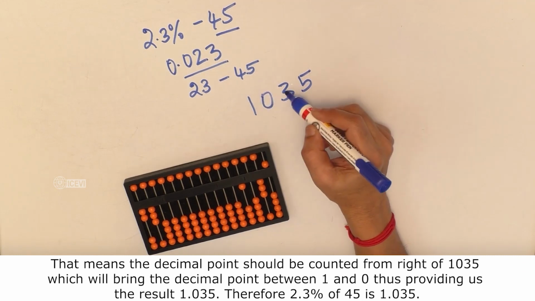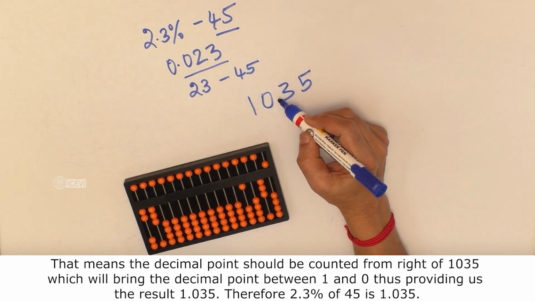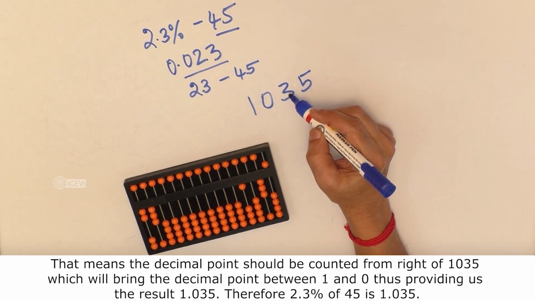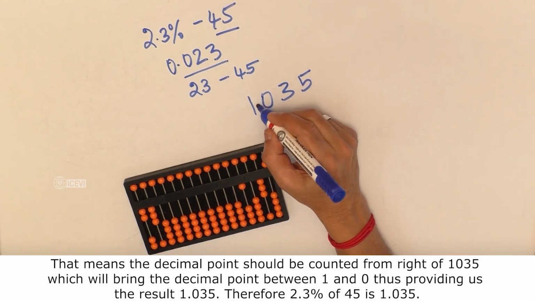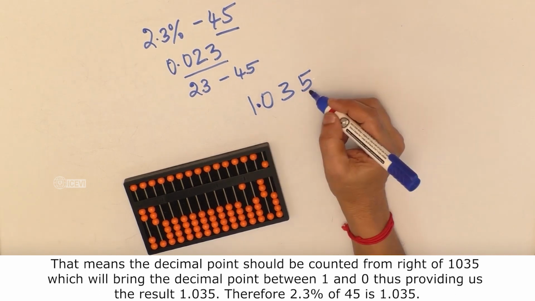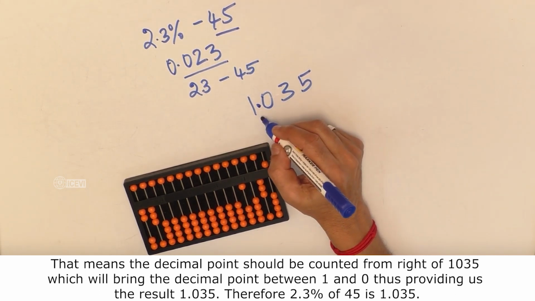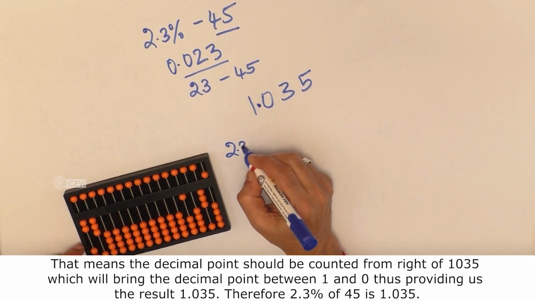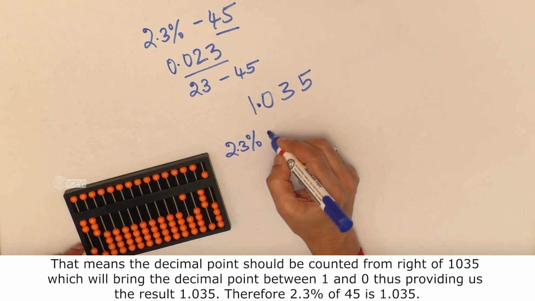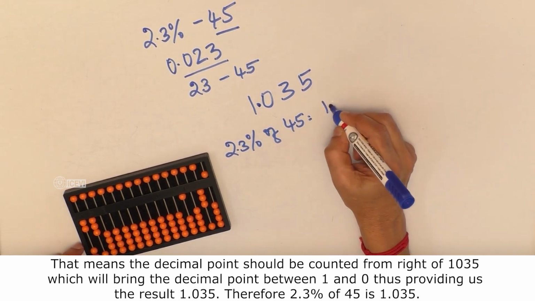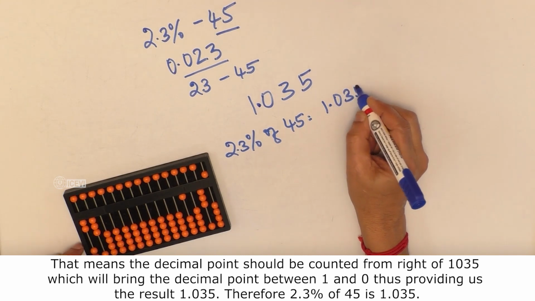That means the decimal point should be counted from the right of 1035, which will bring the decimal point between 1 and 0, and therefore providing us the result 1.035. Therefore 2.3% of 45 is 1.035.